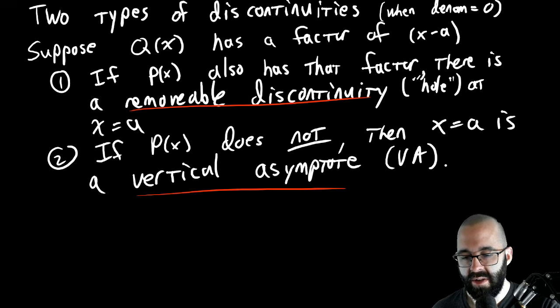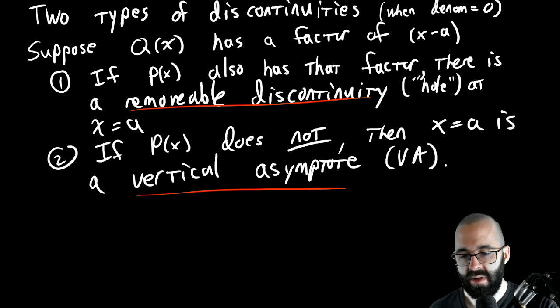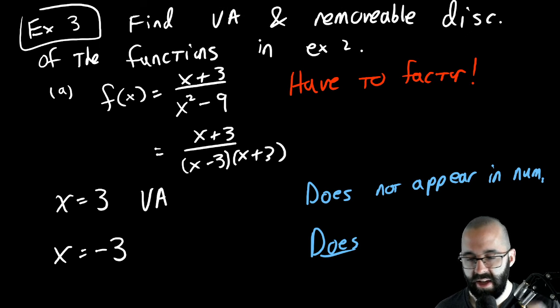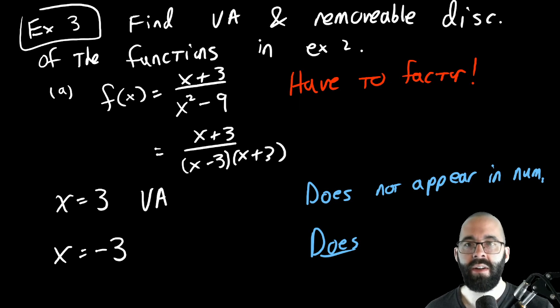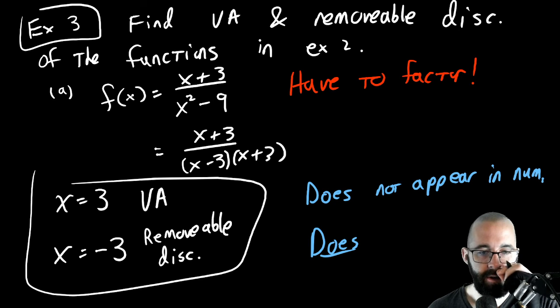So if it doesn't appear in the numerator, then we have a vertical asymptote. So this first one is a vertical asymptote. And since the second one does also appear, it would cancel if we tried to, and that would be a removable discontinuity, a hole. And that's how you classify them. And that's what this problem wanted us to do.